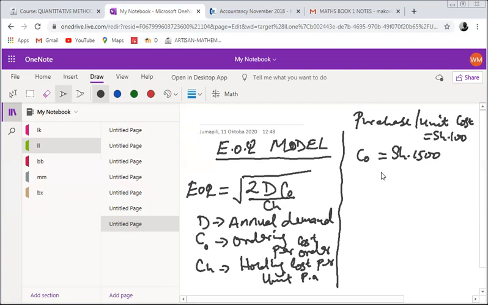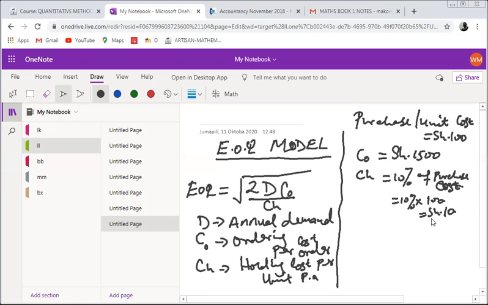Then the holding cost, CH, you are told is 10% of unit cost or purchase cost. So if you work out 10% times the purchase cost of 100, you find it is 10 shillings per unit per annum.